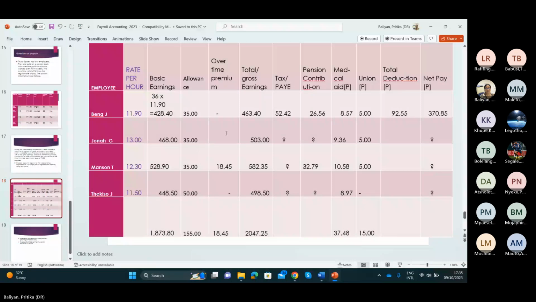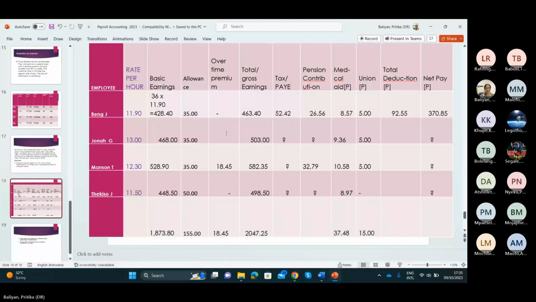No, ma'am. So he is not eligible for any overtime premium. So his total earning is 468 plus 35, 503 pula, which is the total gross earning.